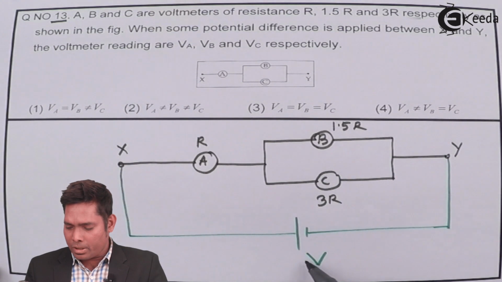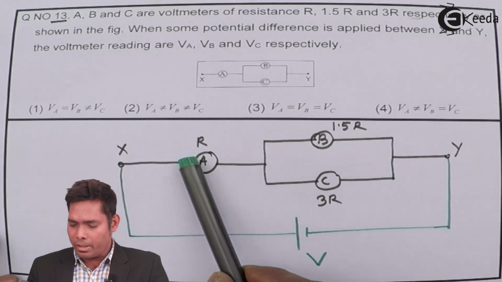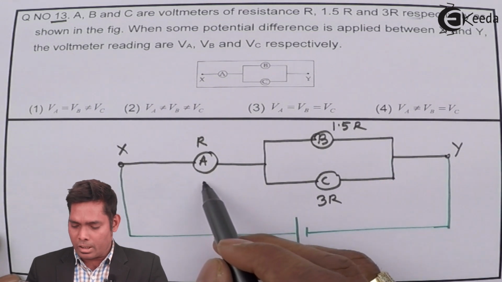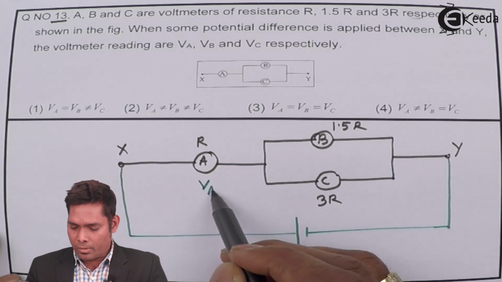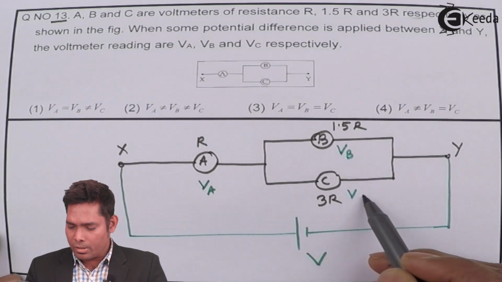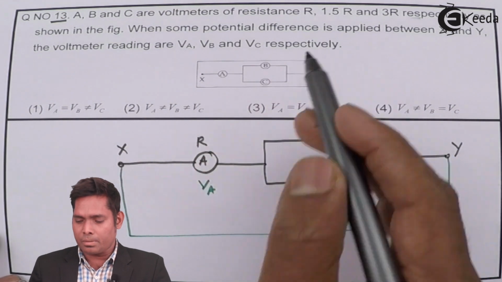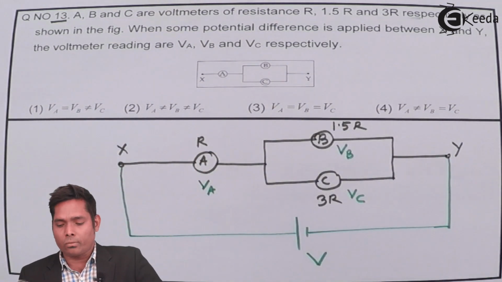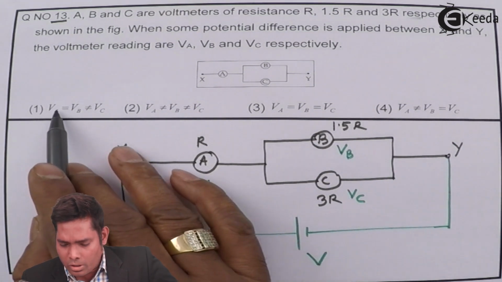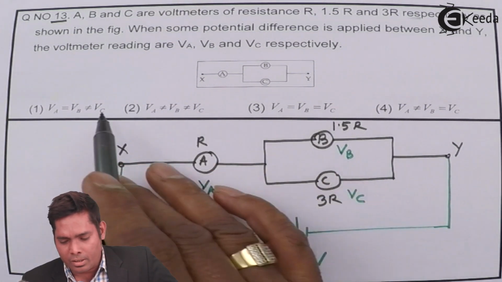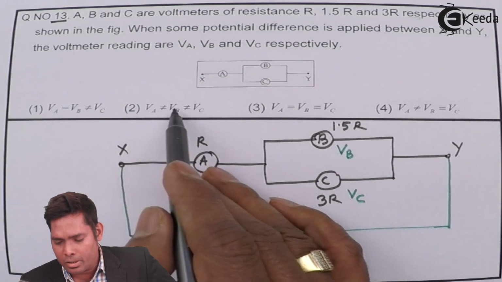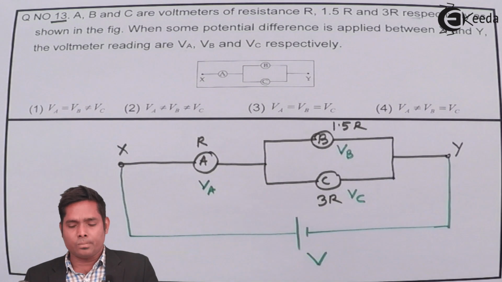If I apply a potential difference, current will flow and they will read some values. Here the reading is VA, here the reading is VB, and here the reading is VC. VA, VB, VC are respectively the readings of those voltmeters. Then you have to see how these are related, whether they are equal or not equal to each other.